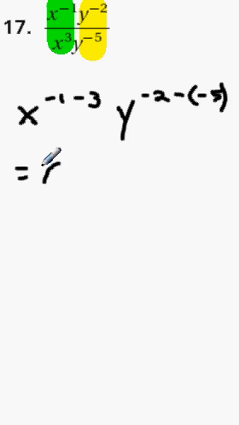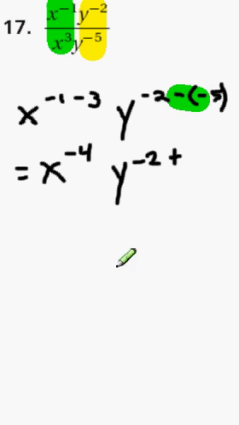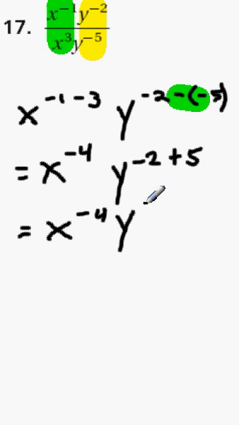So negative 1 minus 3 is negative 4. And this becomes y minus 2 plus 5. Two negatives right here make a positive. 2 plus 5. So this in turn is x to the minus 4, y cubed.